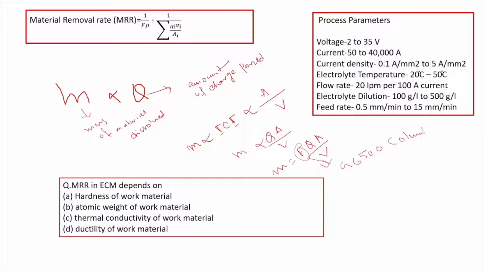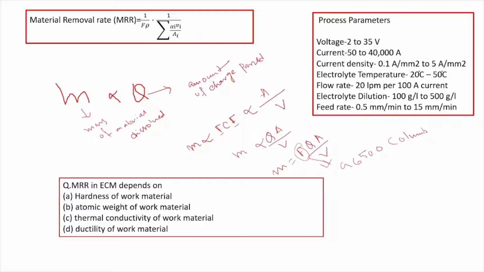This will be very useful if you solve any numericals using this machining process, or calculate the material removal rate, that is, how much material will be removed if you do machining using the electrochemical machining process.